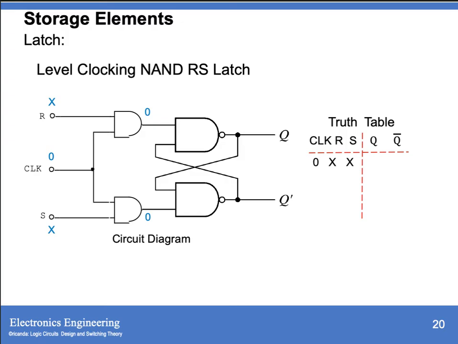So remember, in your NAND RS, if we have input 0, 0, then it is a race condition. Then if we have 1 for the clock and 0, 0 for your R and S, therefore the output of your AND gate is also 0. So that is a race condition for your output in your NAND gate.